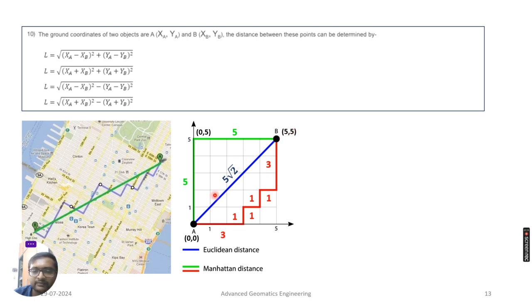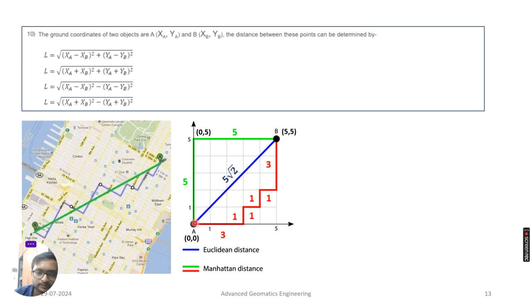If I ask you the distance between point A and B, which are 0, 0 and 5, 5, using this formula it becomes 5 minus 0 whole square plus 5 minus 0 whole square, so 25 plus 25, which is 50, under root 50, which becomes 5 root 2. So the minimum distance between point A and point B, which is also known as the Euclidean distance, becomes 5 root 2.